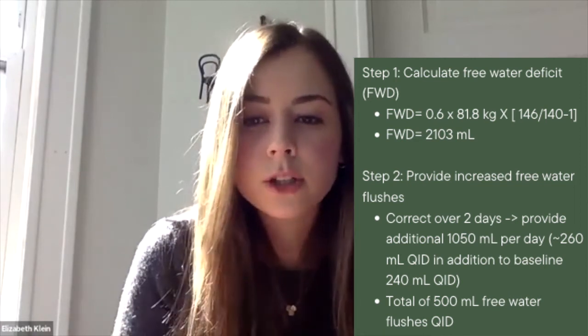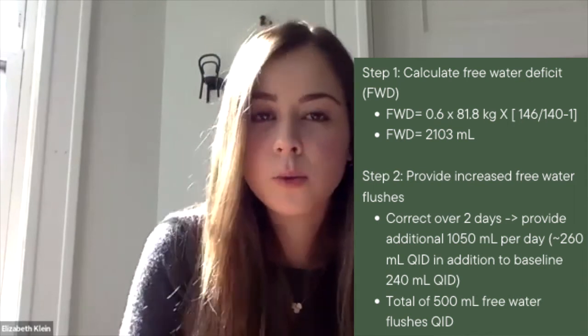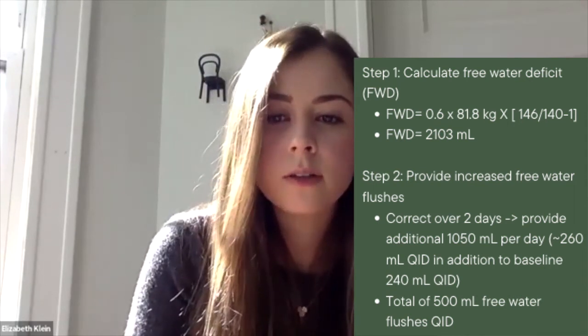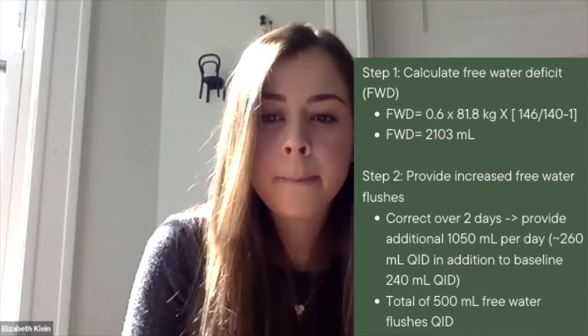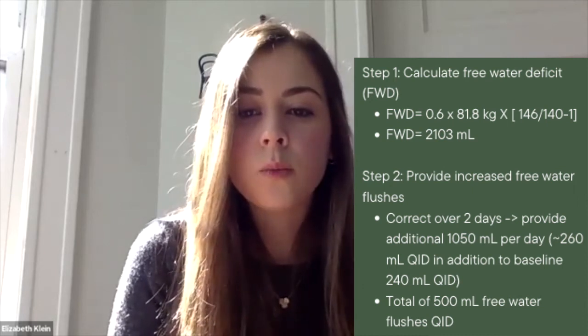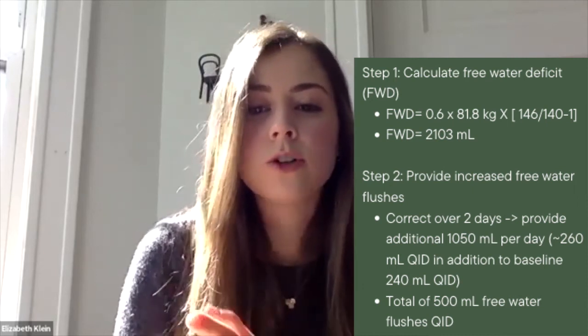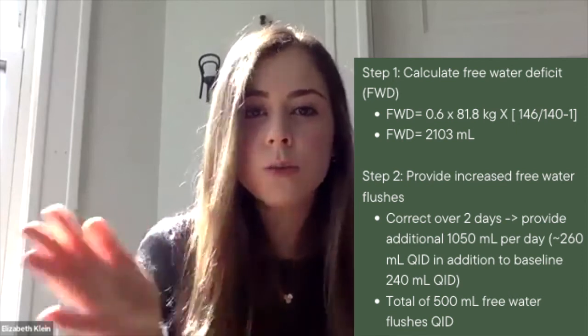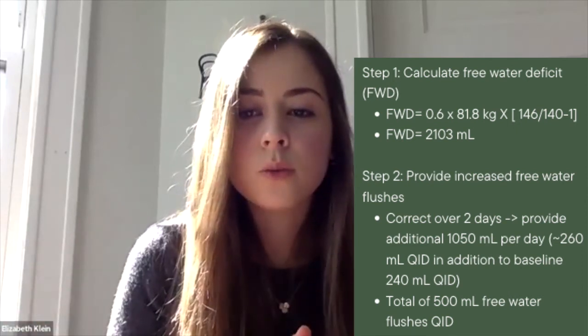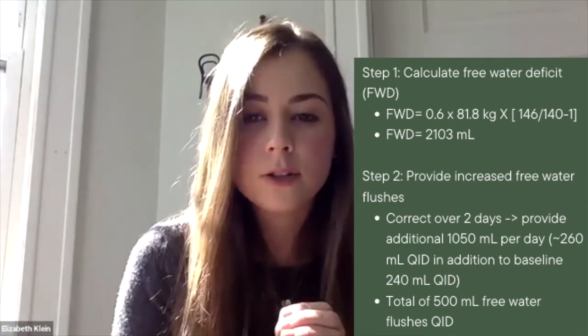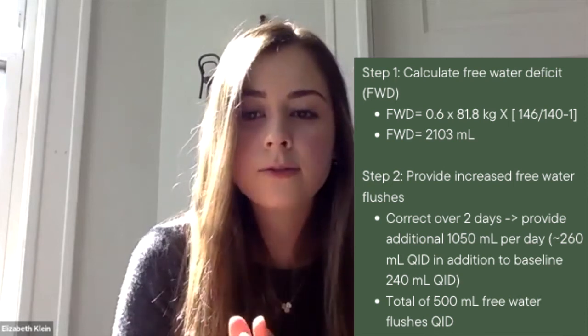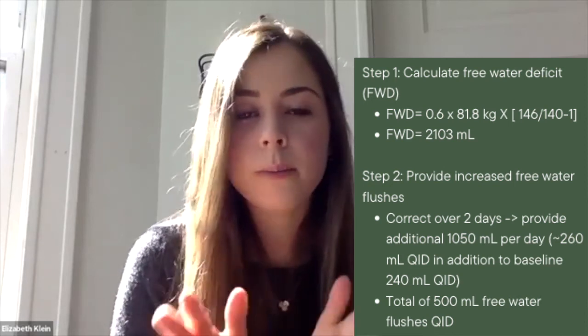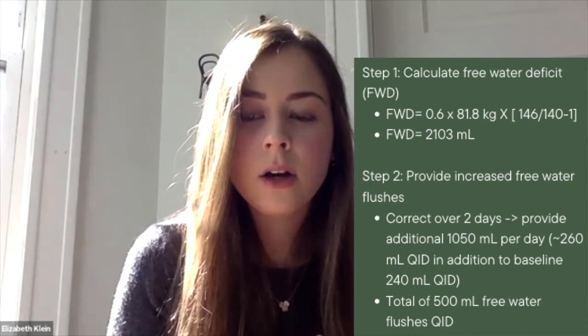So originally we were recommending he get 240 milliliters of water 4 times a day. Now we'll want to correct it over 2 days, just so we're not providing too much water at once. So we'll divide that 2.1 liters in half. So we want to give an additional about 1 liter a day.